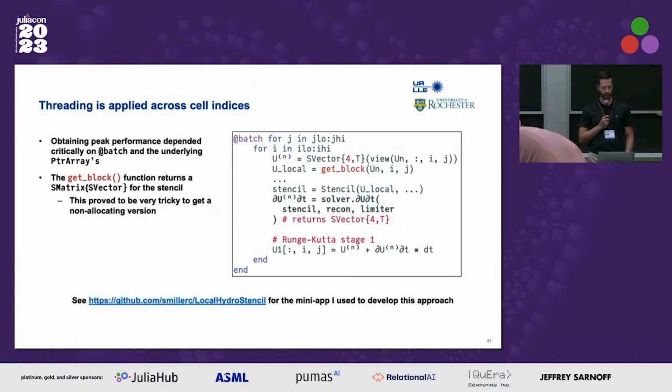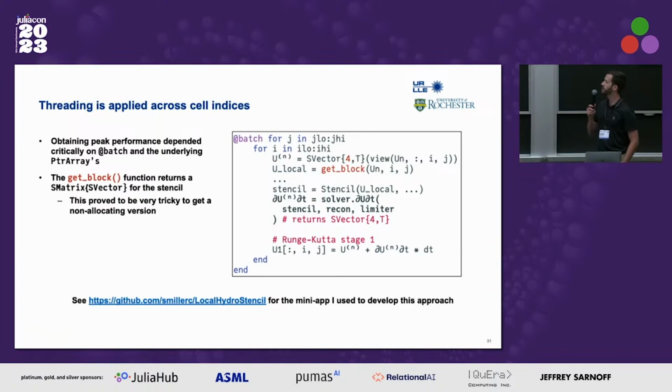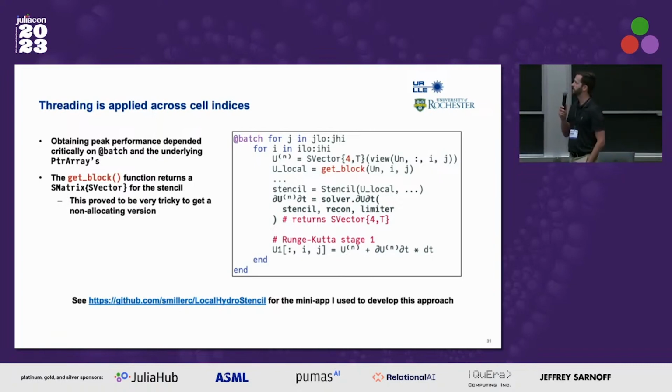And we do threading across cell indices. Obtaining peak performance depended critically on using the @batch macro and the underlying pointer arrays that it casts everything to. Again, we're just looping over the cell indices and parallelizing this way, and this particular function computes everything we need.